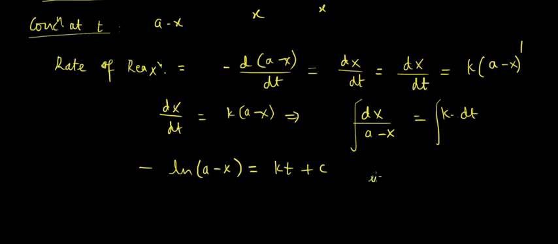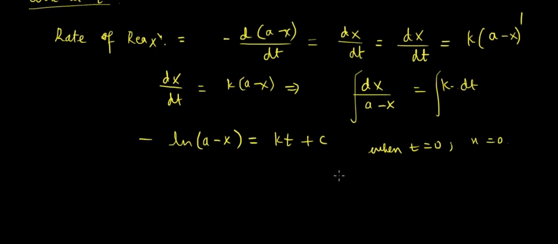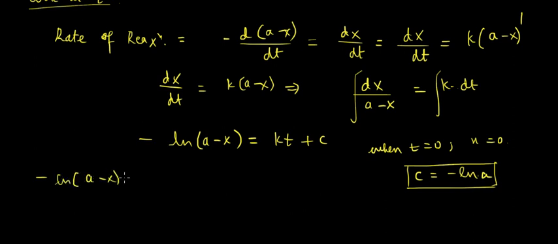So now when t equals 0, we know that x was 0, so c would be equal to minus ln a. Just substitute the values of t and x in the equation to get the value of c. It would be minus ln a. Okay, so finally we got the equation like ln(a minus x) would be equal to minus kt plus ln a.